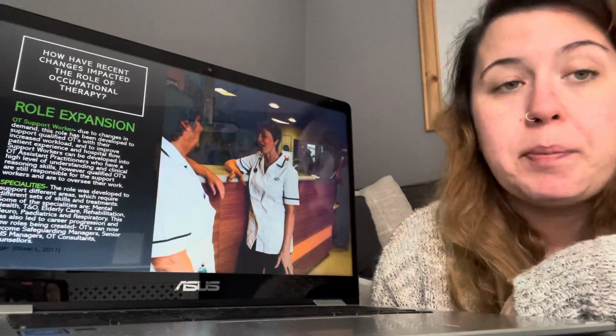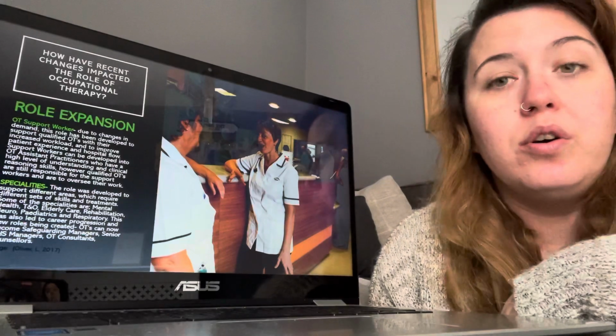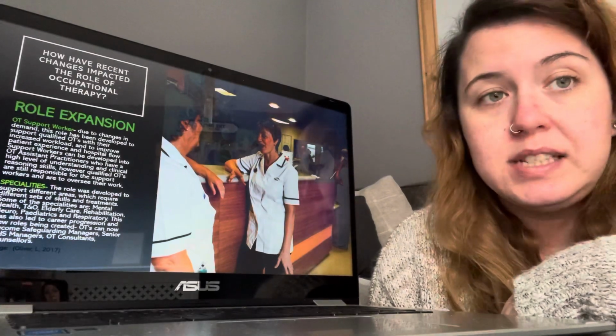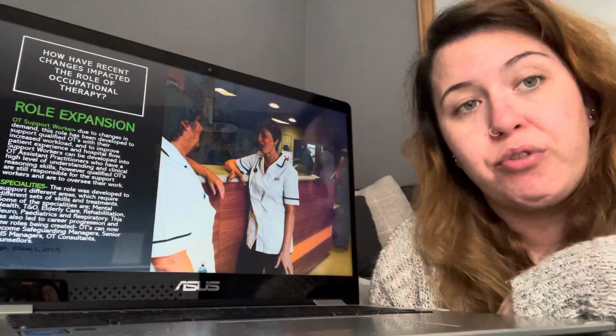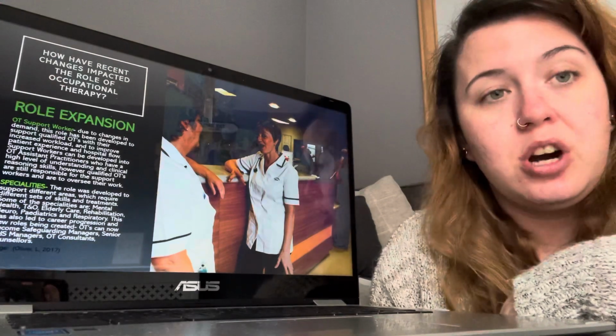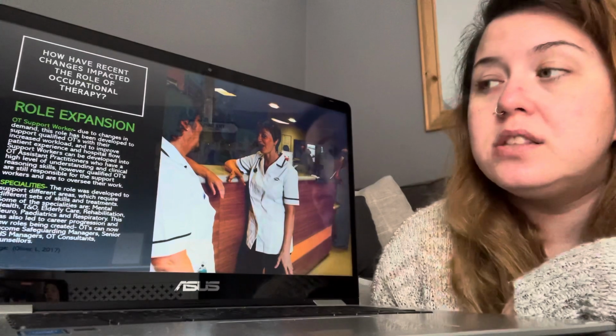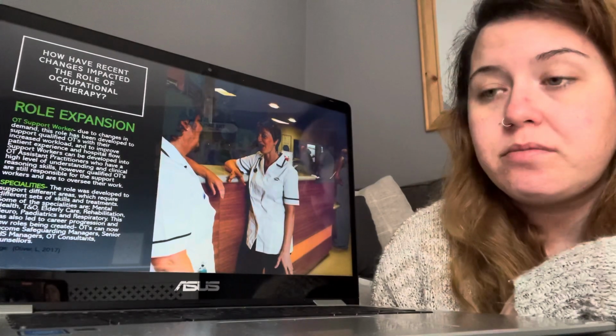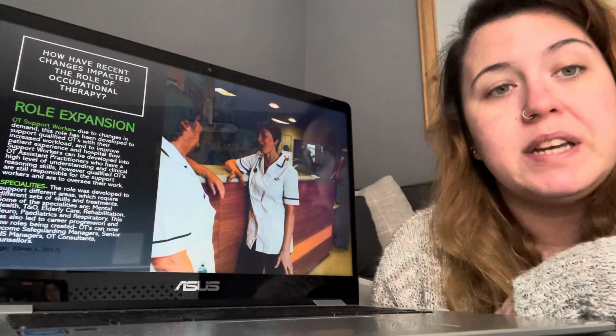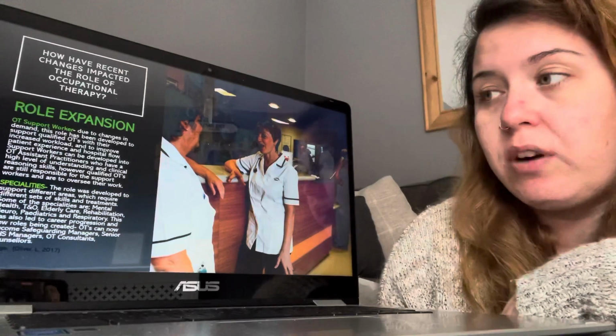So they could pick up a patient on admission, or if it was the first time that the service had seen a patient, and follow that patient through up until discharge, as long as they worked under the guidance of an occupational therapist. This helped lower the pressure on the occupational therapists, because obviously their workloads had increased.